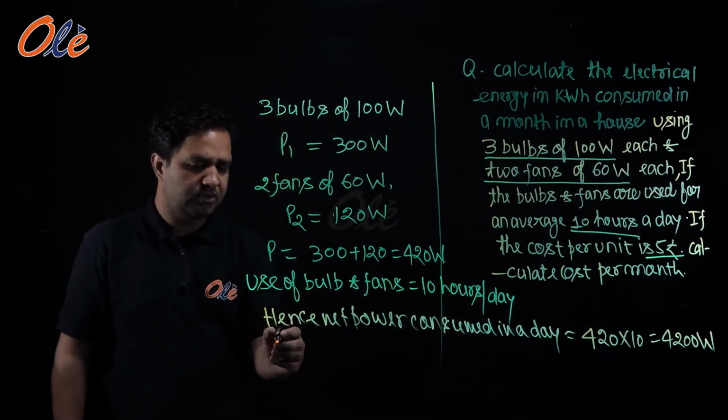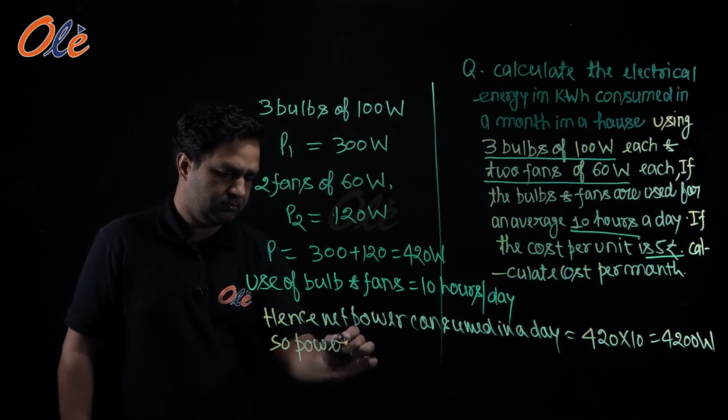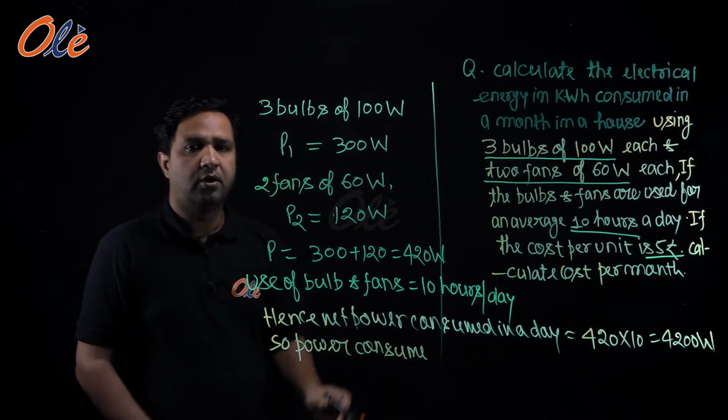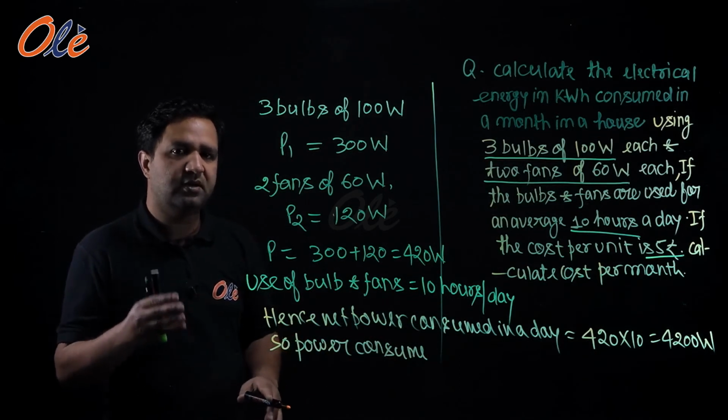So power consumed in 30 days. This is the power consumed for one day, and we have to pay the bill for the whole month, so 30 days. For 1 month there will be 30 days.